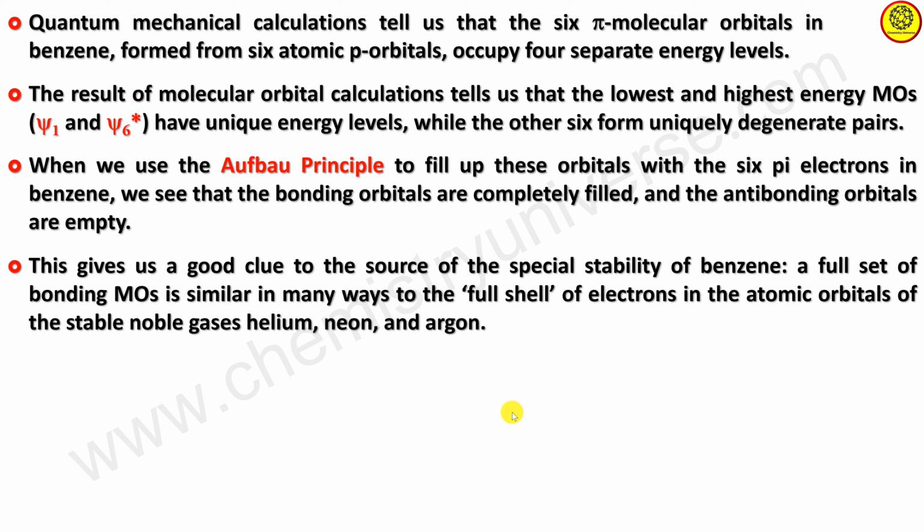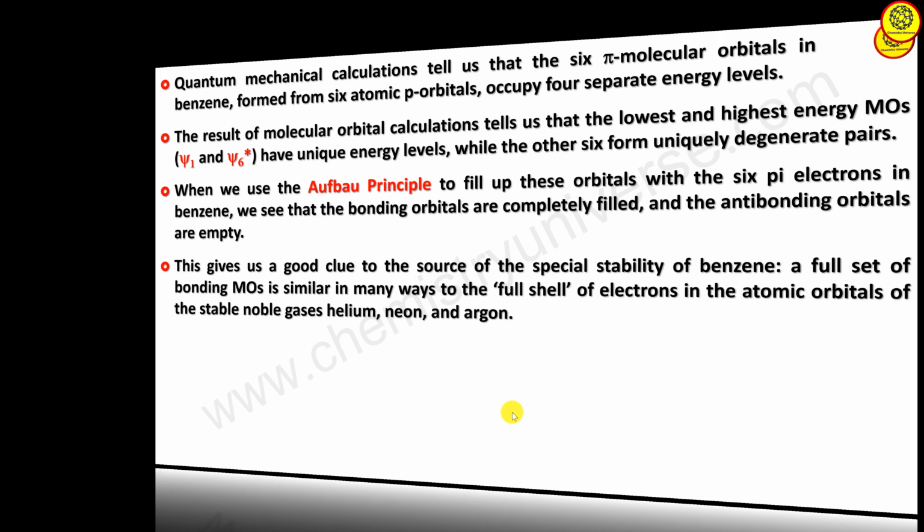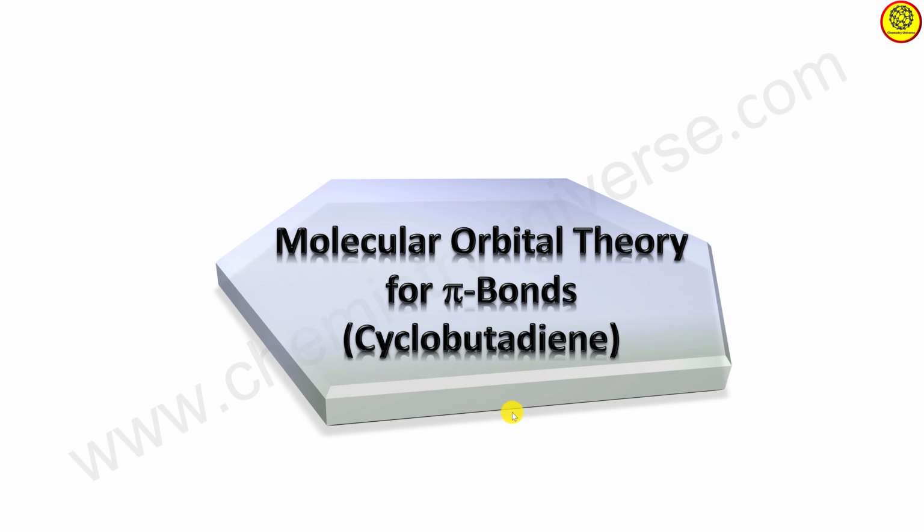But of course, even the linear one had a full shell of electrons, but the energies of the MOs here are lower. Now let's look at one more, and this fellow is the anti-aromatic cyclobutadiene.